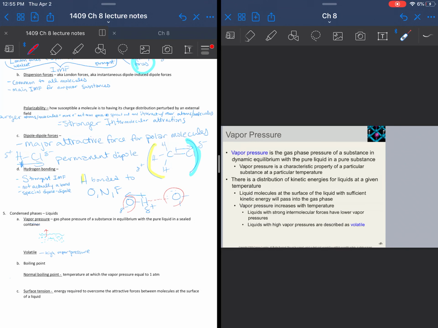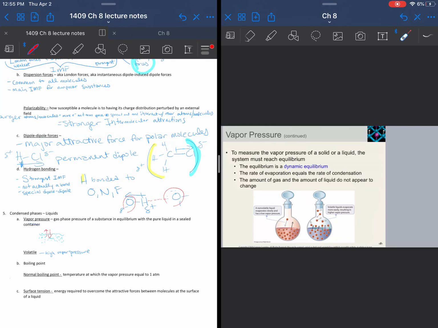There will be some molecules or atoms that escape into the gas phase. And if it is a closed container, those gas phase molecules will condense back into the liquid. You see that here between two different liquids.